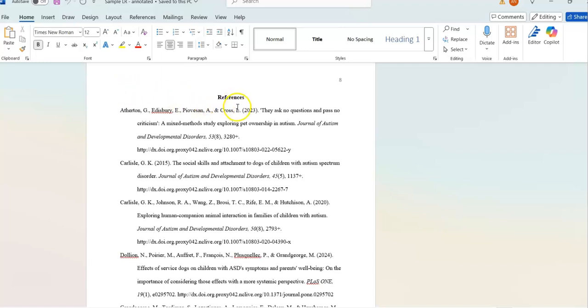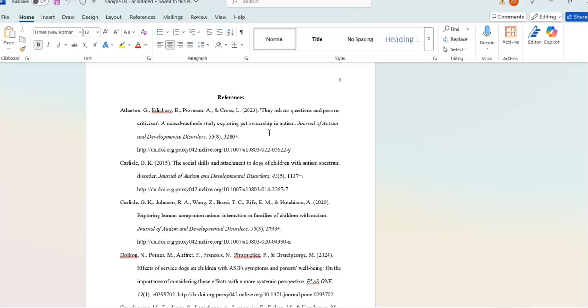And note that all up to 20 names get listed on the actual reference page. And the ampersand goes before the last name listed. So it'll be name, comma, name, comma, name, comma, ampersand, and last name. And then remember the date directly after.